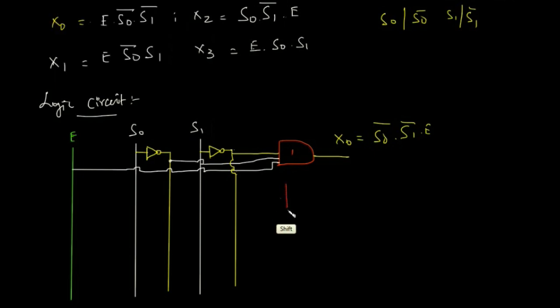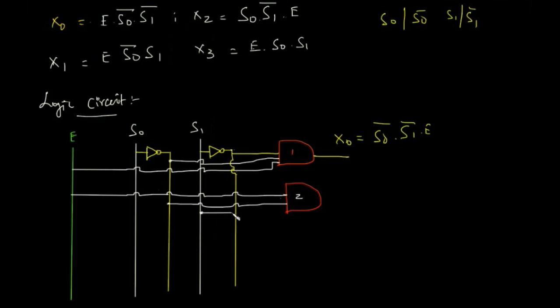So you can go to the second AND gate. The second AND gate goes like this, and we'll change the color. So this is AND gate 2, and it has the input from here, like this.